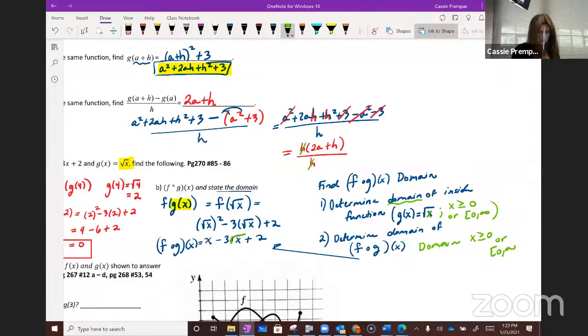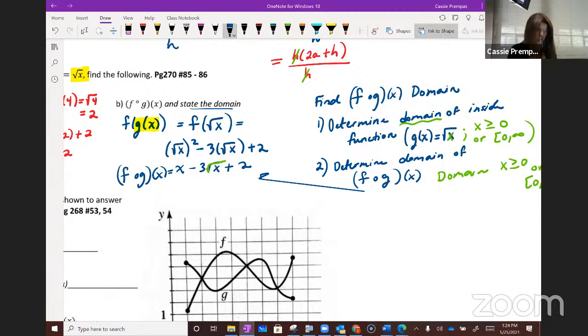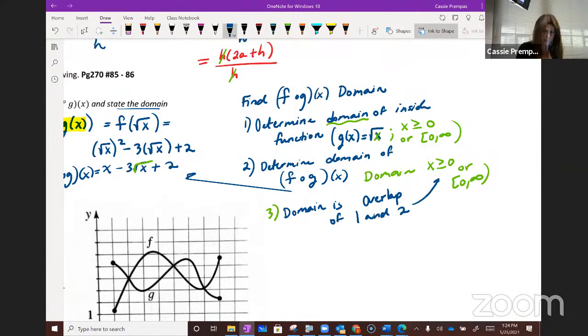Now, step 3, the actual domain: the domain is the overlap of 1 and 2. So it's going to be the overlap of this and this.